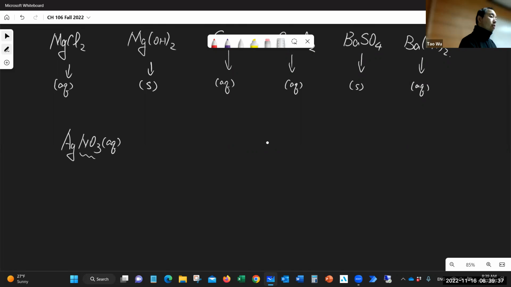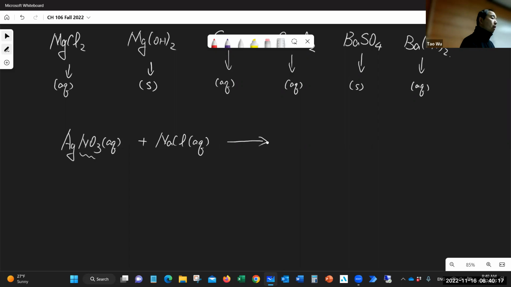Silver nitrate aqueous means we put the silver nitrate in the water and make a solution. Then it meets another solution, sodium chloride solution, which is also a solution because sodium plus any anion is soluble. This is one solution, this is another solution, and we put those two solutions together and see what happens.